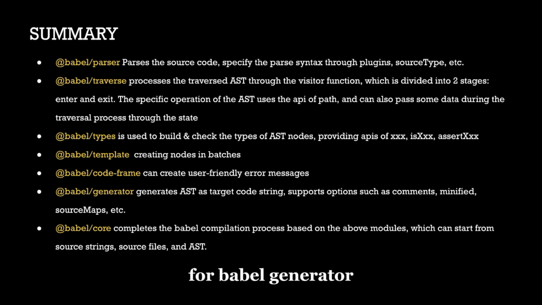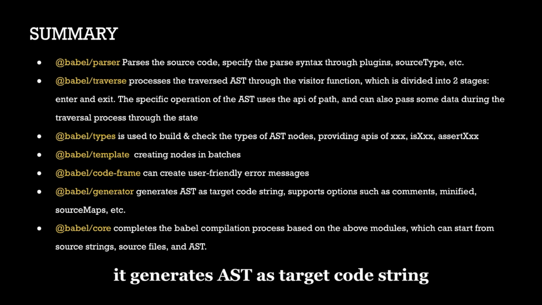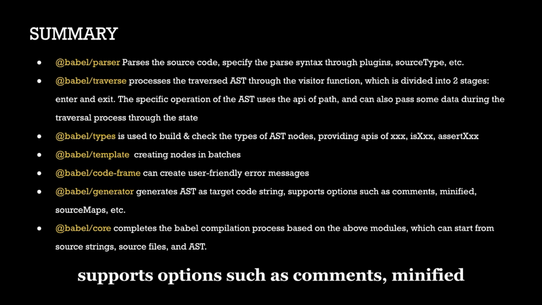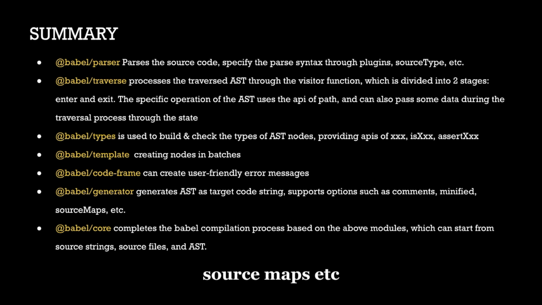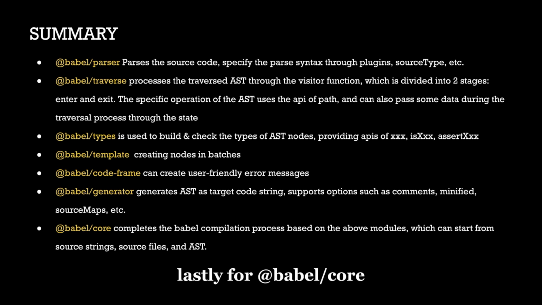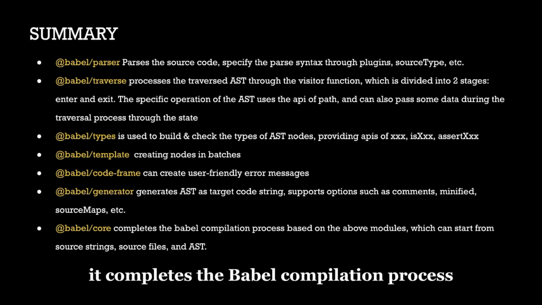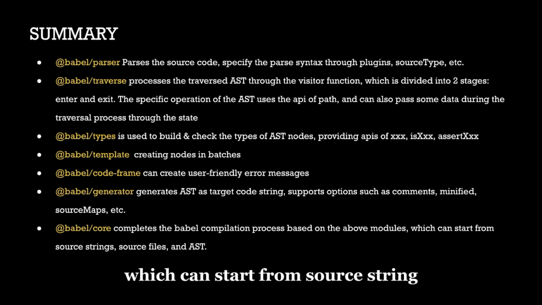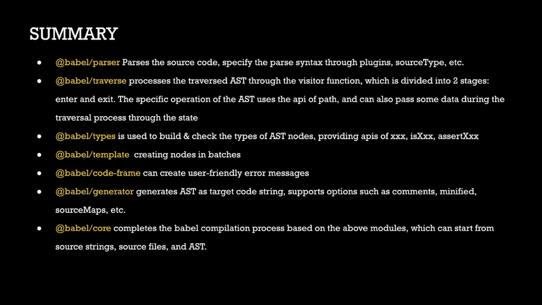For Babel generator, it generates AST as target code string, supports options such as comments, minified, sourceMaps, etc. For Babel code frame, it can create user-friendly error messages. Lastly, for Babel core, it completes the Babel compilation process based on the above modules, which can start from source string, source file, and AST.